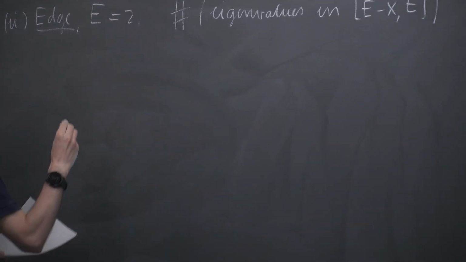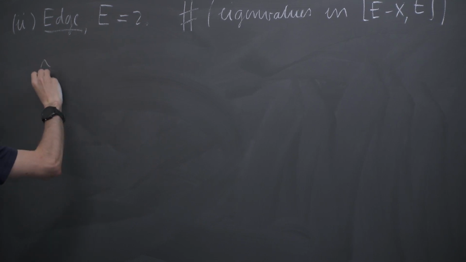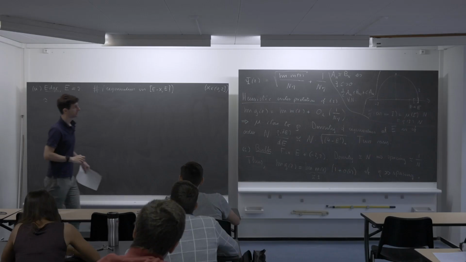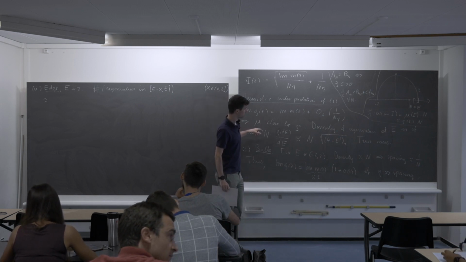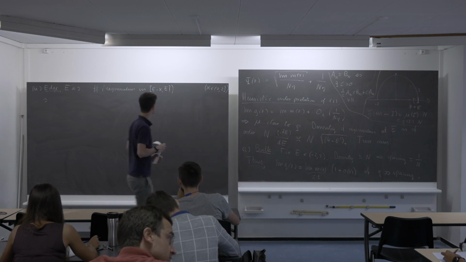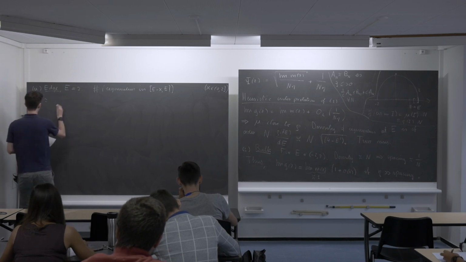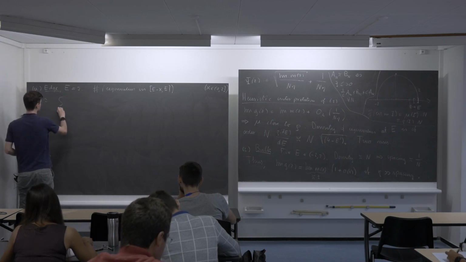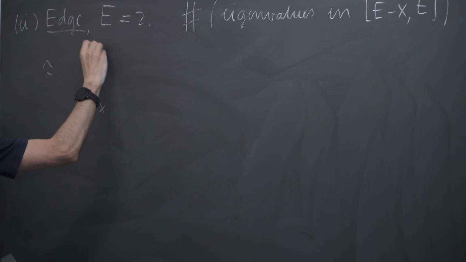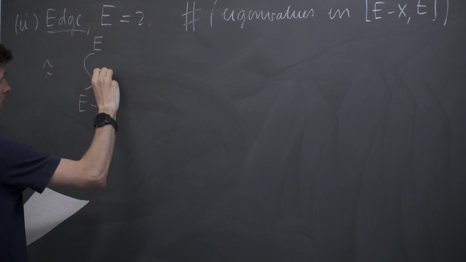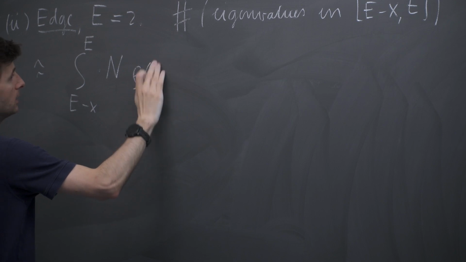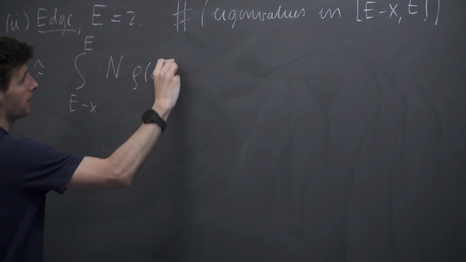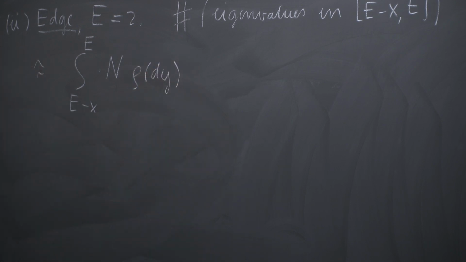So this is equal to, approximately, if we assume this approximation of mu by rho to be correct, the integral from e minus x to e of n times rho of y dy.